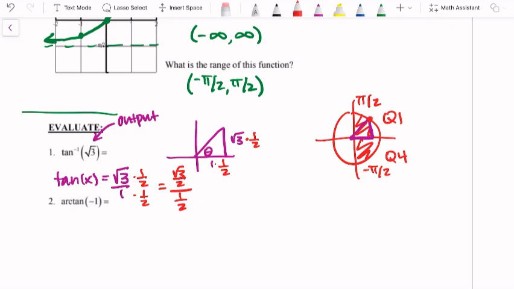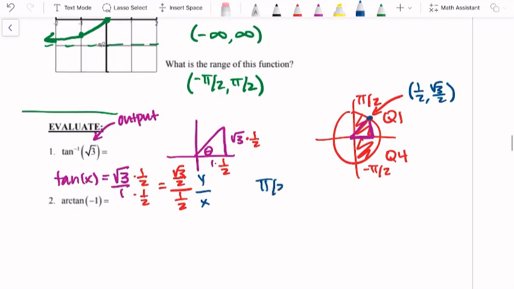So on my unit circle, I'm trying to think about what value of theta gives me this point where this is y over x, my x value is 1/2, and my y value is the square root of 3 over 2. Okay, hopefully you're thinking to yourself, this is pi over 3. And you'd be correct if you said that.